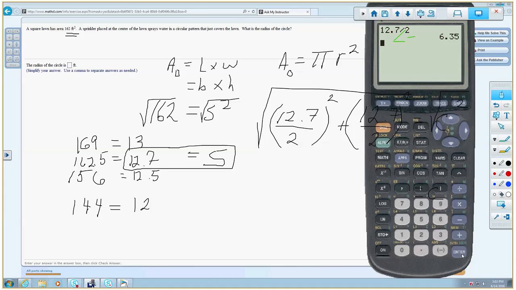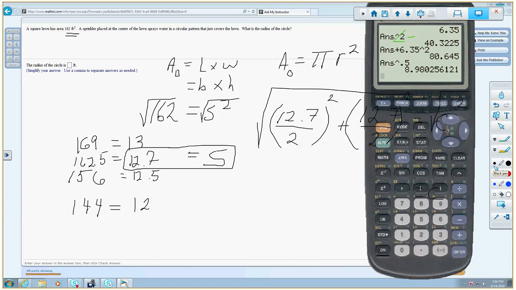And that's the side of our yard. And then we square that. And we add it to another square, 6.35 squared. And then we take the square root of that, raise it to the 0.5 power. So the radius is around 8.98.